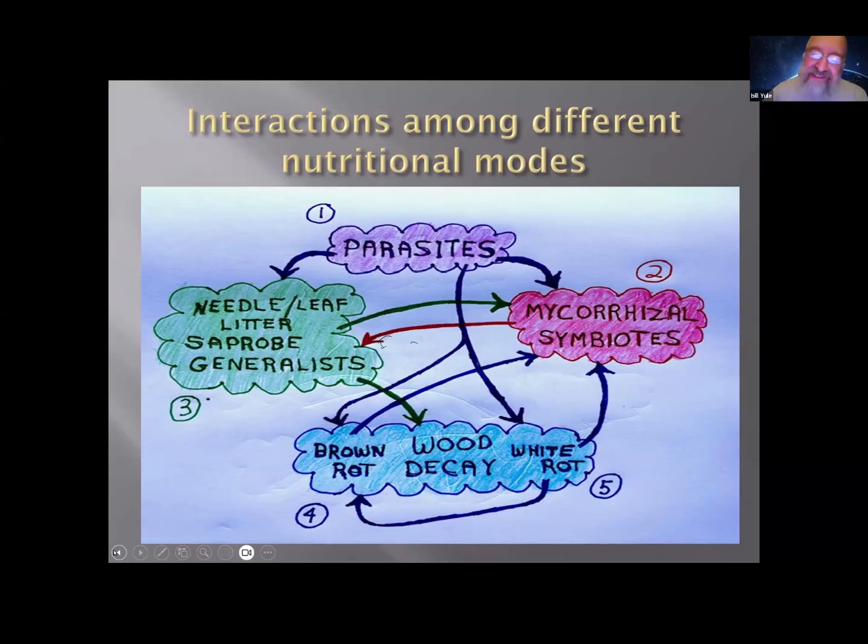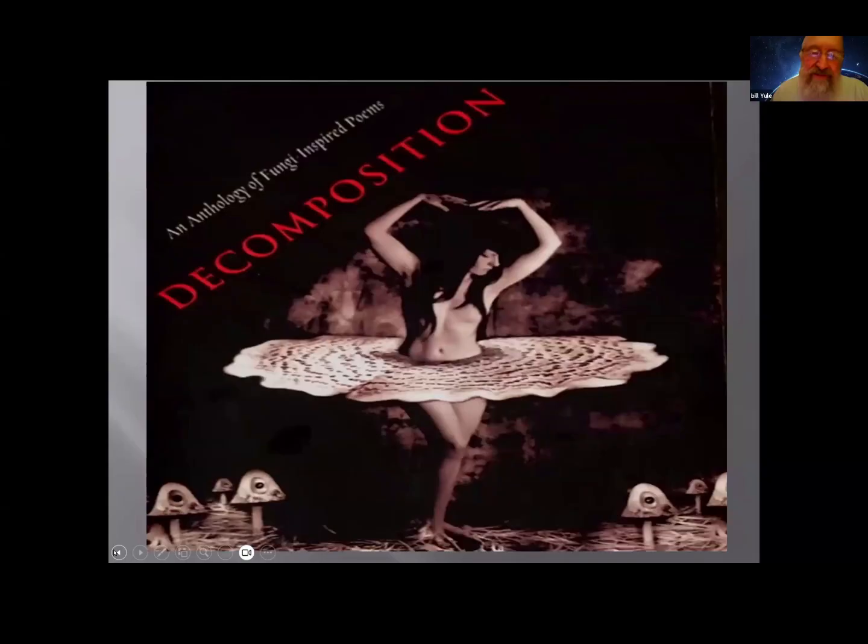And also white rot fungi are capable of evolving into ectomycorrhizal fungi. And white rot evolved into brown rot about 180 million years ago. I know that was a lot, and because this is complex, it's not complicated, but it's complex. I wanted to get that swimming around in your head, how all these different nutritional modes are not static. They move back and forth among various members in all ecosystems.